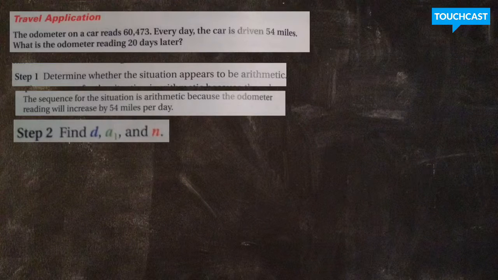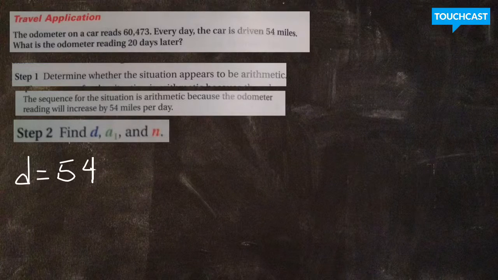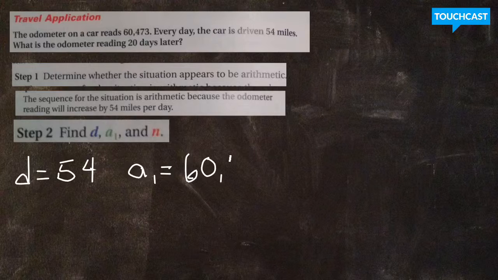So step 2 is to find the common difference, the first term, and n. Since the odometer reading will increase 54 miles every day, that means d is 54. And since the odometer reading starts off at 60,473 miles, that means a sub 1 is 60,473.